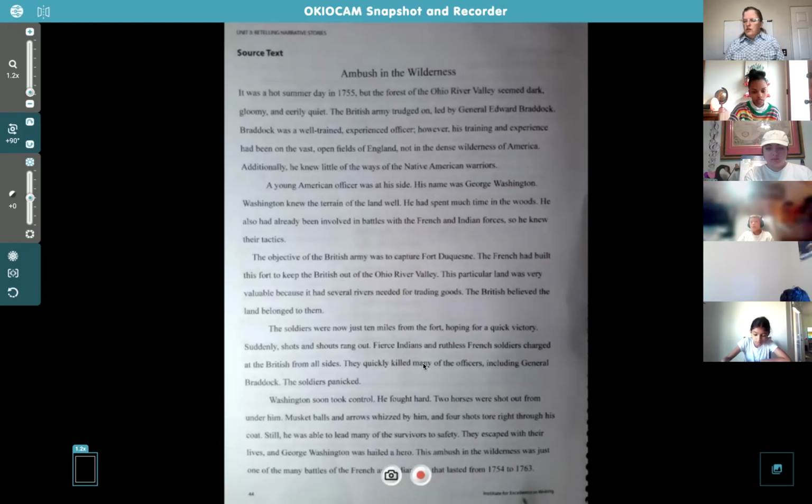One of the battles. Okay, so did you guys notice at the end, George Washington, and this is a really cool fact about George Washington. He was shot at multiple times. I think it's like 6 times he was shot at, and they missed him. Sadly, they got his horse a couple of times. That's the sad part. But he survived. And even when there's shots, 4 shots tore right through his coat.